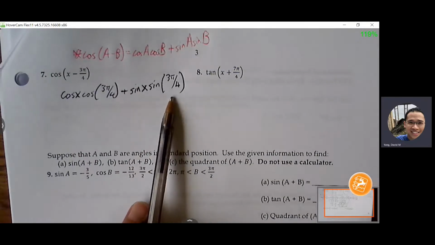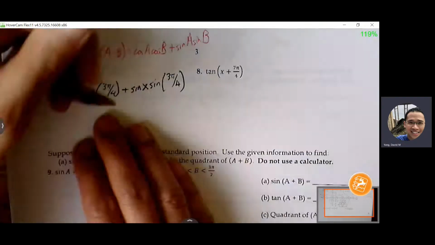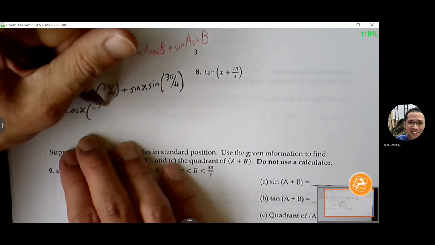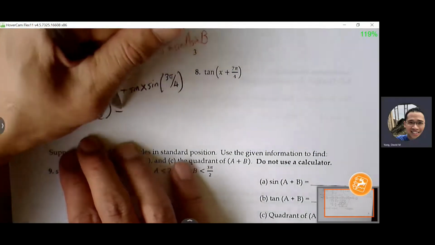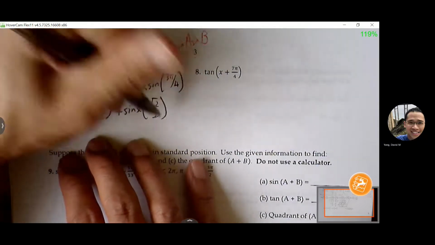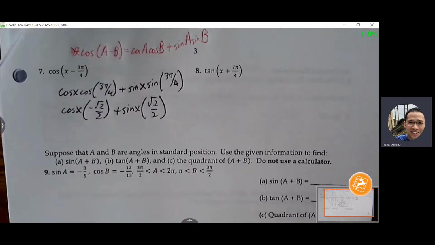Sine of 3π over 4 is positive root 2 over 2. Leaving it in that form is fine.